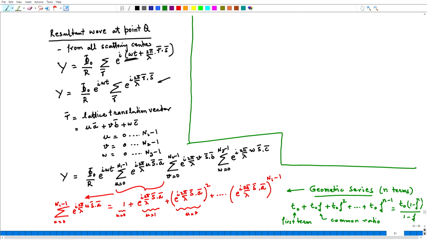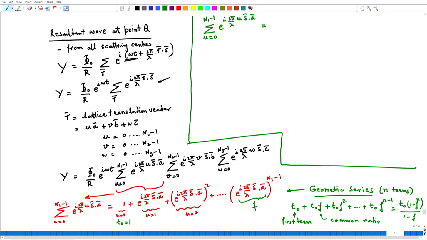Now, what is the common factor in our series out here? Well, this is clearly f, and T0 is the first term, so T0 is equal to 1. Therefore, now I can write the summation u equals 0 to n1 minus 1 e to power i 2 pi upon lambda times u s dot a.